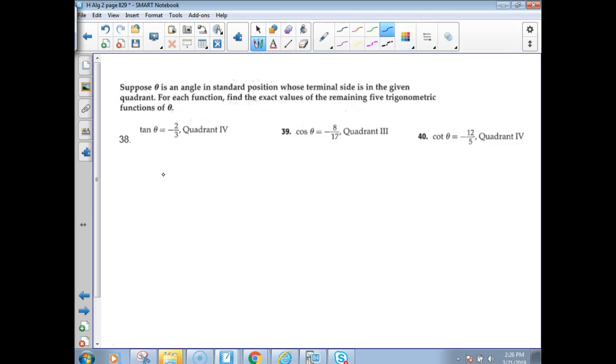Okay, if you know the tangent of theta is negative 2/3 and you're in quadrant 4, that would be your reference angle. Now, how would I label this triangle?